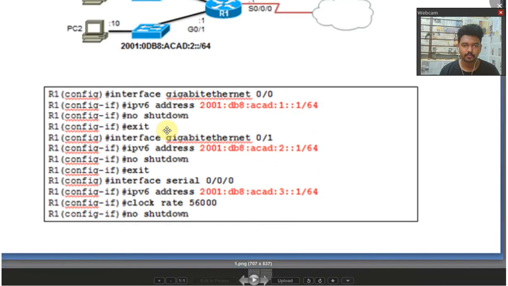First of all, for the configuration of a router, we'll open the CLI, that is the command line interface of the router, and we'll start doing the configuration as we did for the other experiments. Over here you can see the interface, int gigabitEthernet. This is not new.